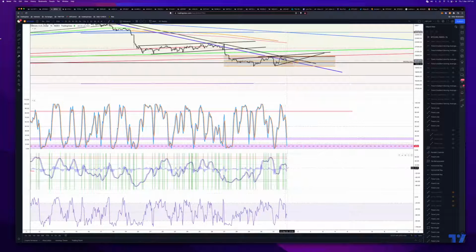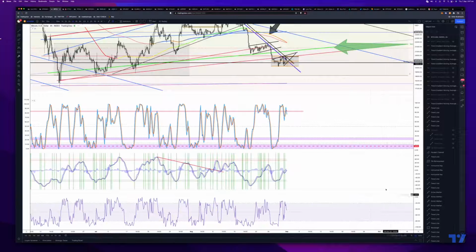If we look on the 4 hour, pretty much at the top with some breaking down, and the wave, yep. So this is crossing over as well. There is downward pressure on the 4 hour as well.